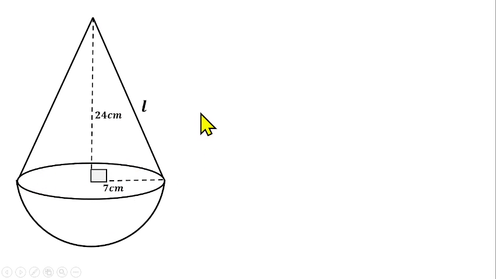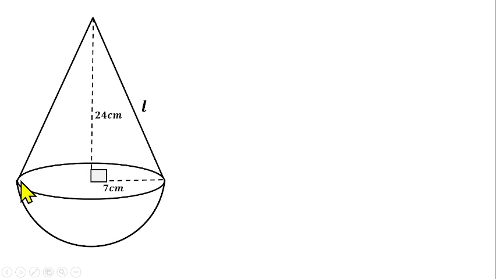So definitely, if I want to find the surface area of this structure, or total surface area of this structure, all I need to do is to calculate the curved surface area of this cone, which is talking about the curvedness of this cone, plus the curved surface area of the hemisphere as well. So that will give out the total surface area of this structure.